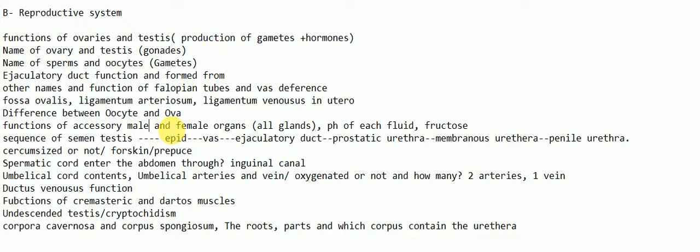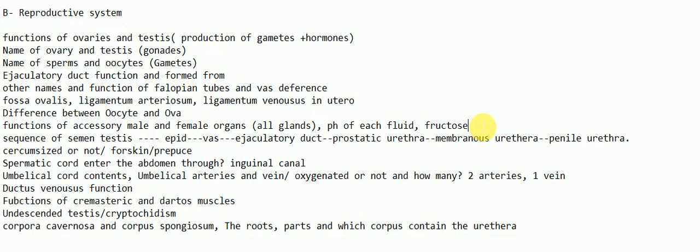The bulbourethral gland and the prostate secrete secretions that are actually alkaline. Seminal vesicle secretes secretion that's alkaline and also contains fructose to feed the sperms so that they can continue and survive. And it also contains prostaglandin to contract the muscles to help ejaculation.